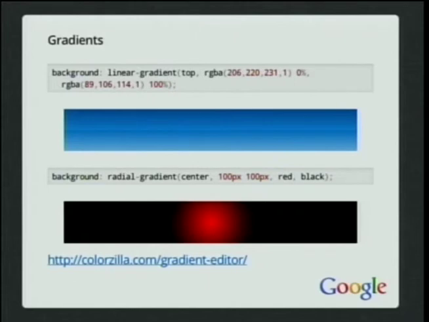The reason why I put gradients into the sort of use with caution is because right now, to actually do gradients across all the browsers consistently, you need about 8 lines of code. Because there's the old way that WebKit did it, which was before it got standardized. Then there's the new way WebKit does it, which is the standard.